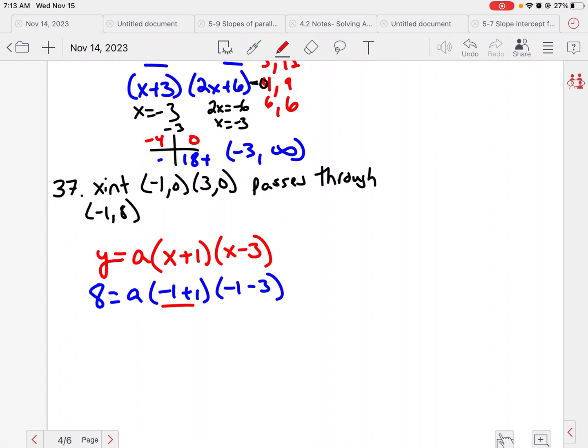Yeah, I don't have the vertex. I know vertex form, but I don't know the vertex. I know the 2 x-intercepts.